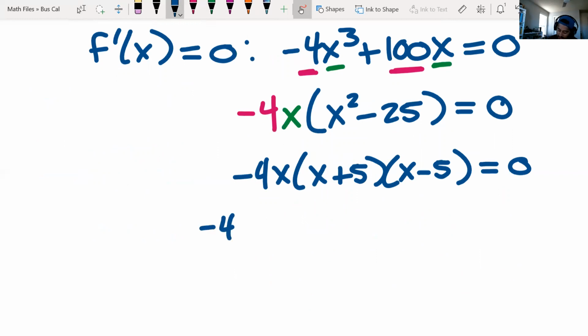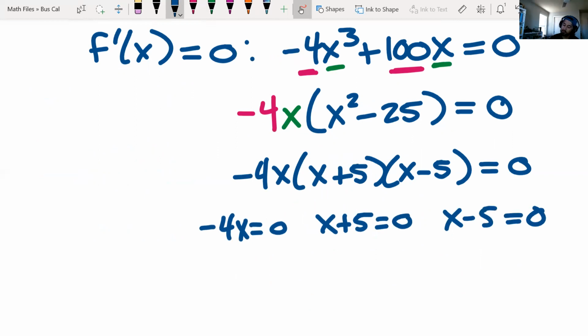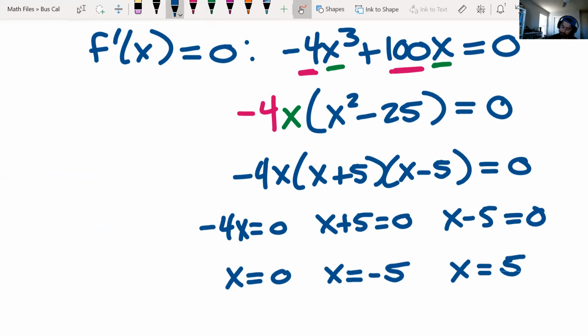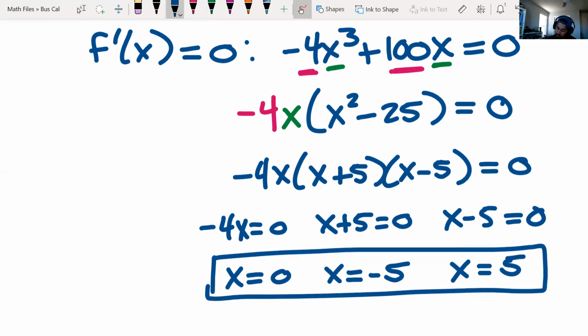So you'd have negative 4x equal to 0, x plus 5 equal to 0, x minus 5 equal to 0, and my critical numbers are going to be 0, negative 5, and 5. These are, again, my critical and or partition numbers.